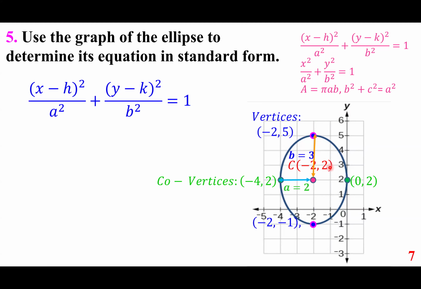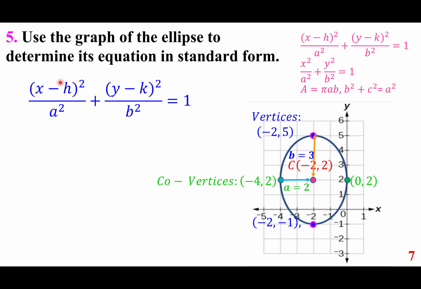Again, just look at this y coordinate 2, and this y coordinate 5. The difference 5 minus 2, okay? Whereas this one, you can say the difference of these two along the x-axis. So what do you have? If A is 2, you put 4 here. If B is 3, you put 9 here.